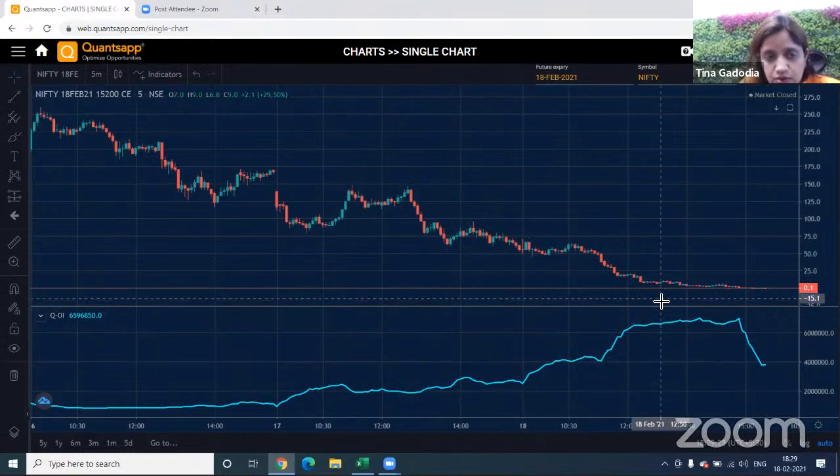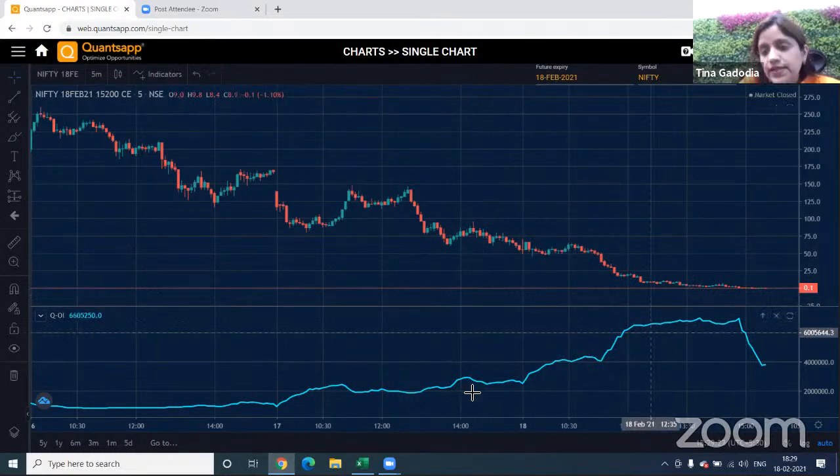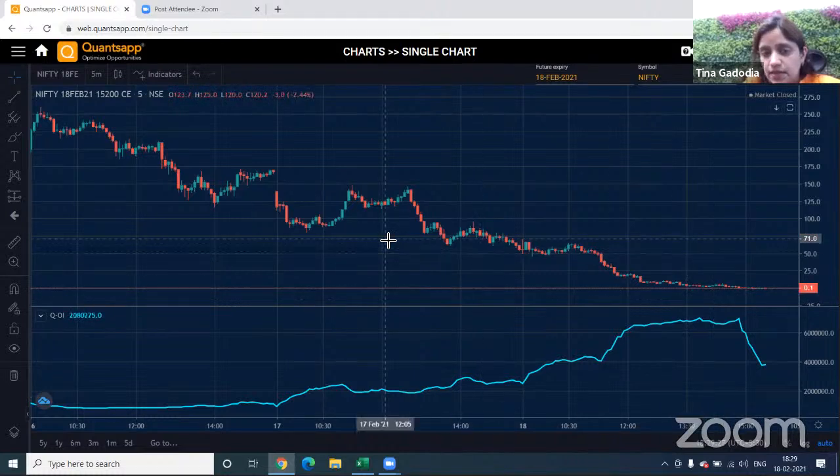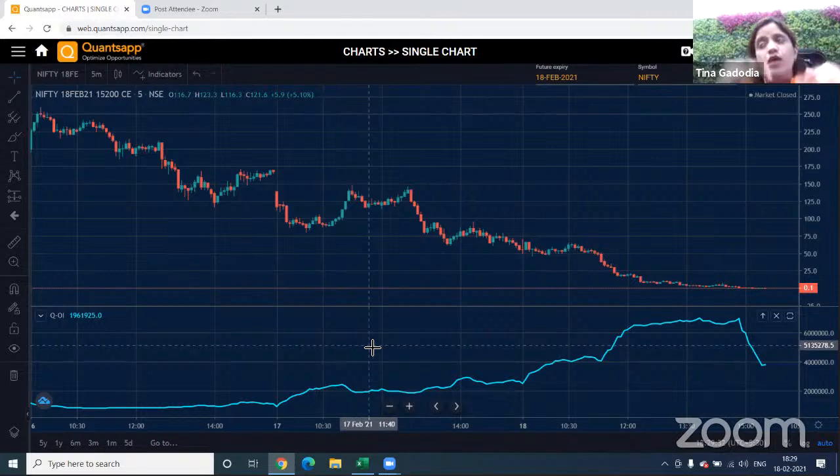Gradually we saw there was a good OI, and throughout the day there was an addition taking place. So the data was something like call writers were there, and put writers were not acting till 10:30, 10:50 time.